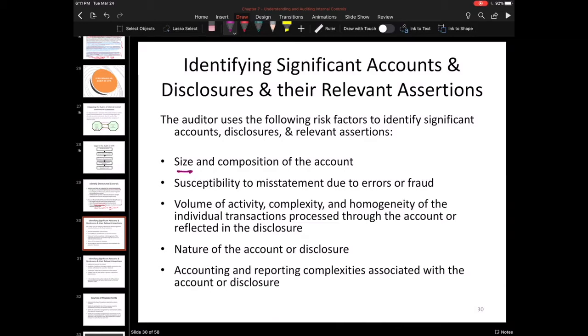So larger accounts will have more misstatement risks. Accounts more susceptible to misstatement, such as estimation accounts, will have more misstatement risks. High volume accounts will have more misstatement risk. And you'll notice these things look a lot like the inherent risks we already talked about.